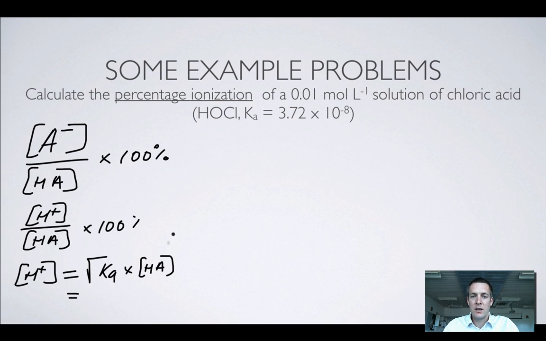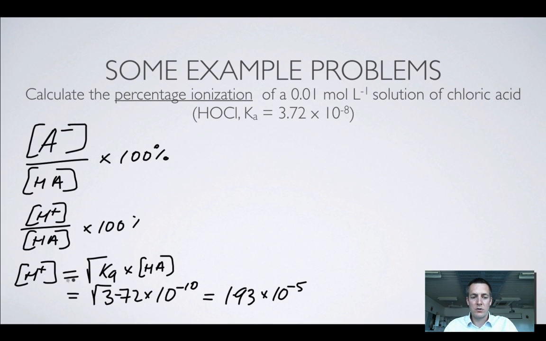And in this case, the concentration of HA is 0.01, Ka is 3.72 times 10 to the minus 8, so this is the square root of 3.72 times 10 to the minus 10. And put that into our calculator, and we find that the concentration of H+ ions is equal to 1.93 times 10 to the minus 5.